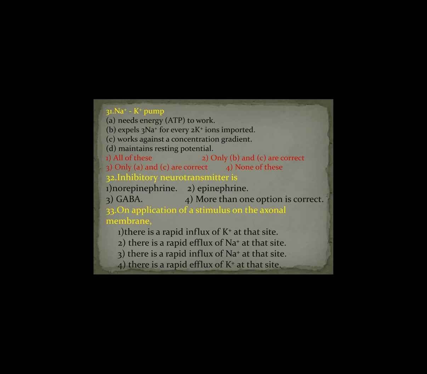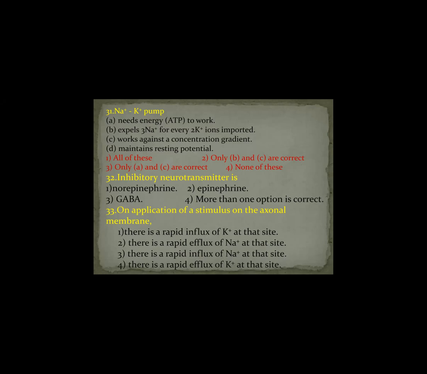There are 2 types of neurotransmitters: excitatory, nothing but stimulatory neurotransmitter, and inhibitory neurotransmitter. A stimulatory or excitatory neurotransmitter causes depolarization in the postsynaptic membrane, whereas an inhibitory neurotransmitter causes hyperpolarization in the postsynaptic membrane.